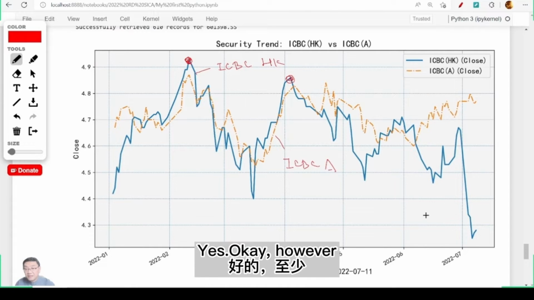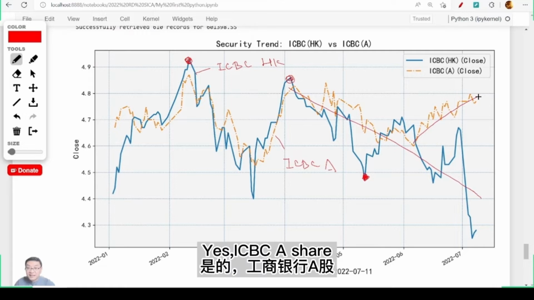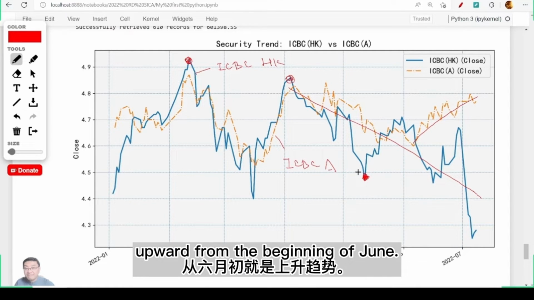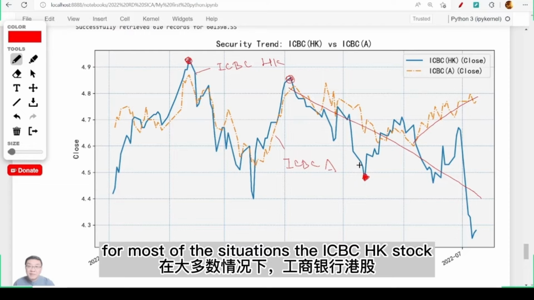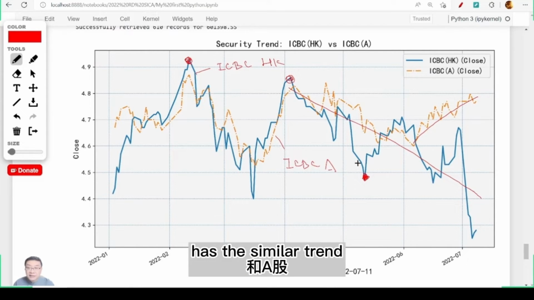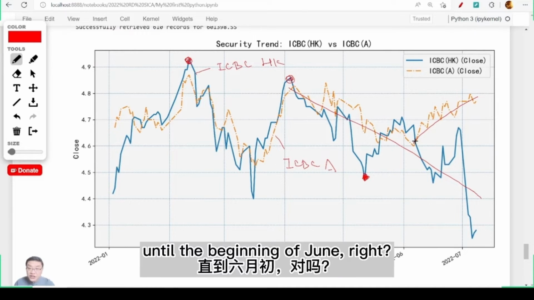Okay. However, we see a different trend here, right? Yes, the ICBC A share goes upward from the beginning of June. Okay, now we find a very interesting phenomenon. For most of the situations, the ICBC HK stock has a roughly similar trend with that of ICBC A share until the beginning of June.